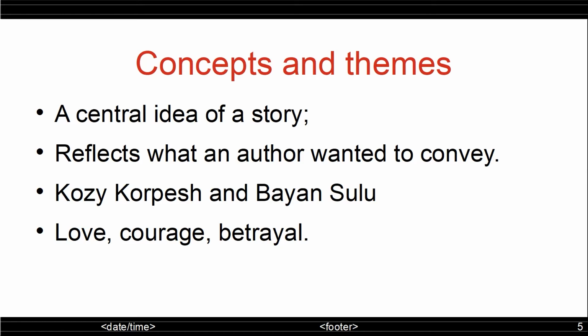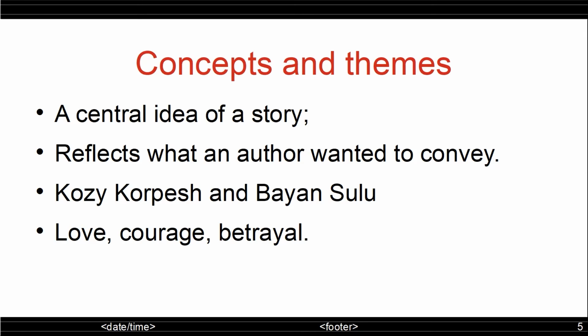For example, let's take a legend, the beautiful, tragic love story of Koza Korpesh and Bayan Sulu. You all know the story, right? And you know that the central theme of that story was love, because it was a love story. It was the relationship between Koza Korpesh and Bayan Sulu.